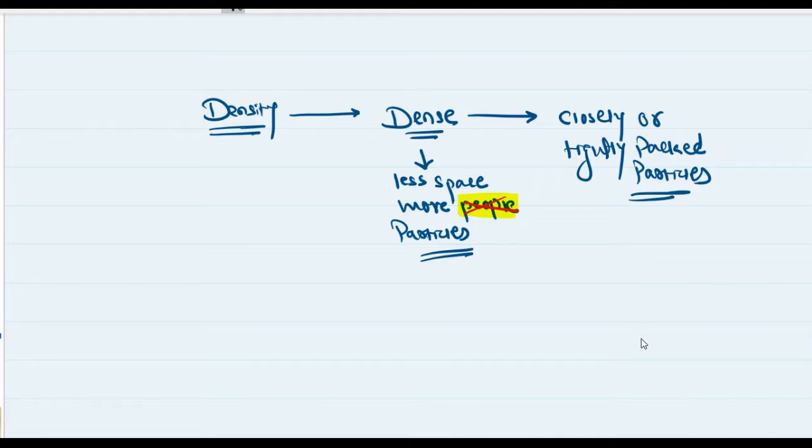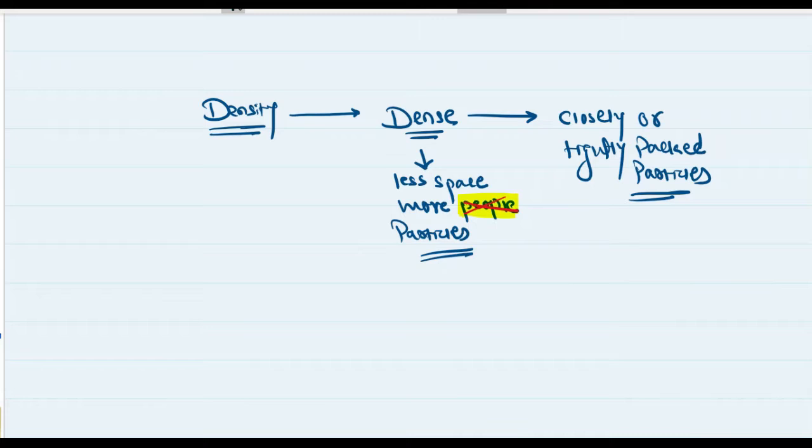These we know from the kinetic theory of matter. So density is one more aspect of the study of these particles. The particles can be closely or tightly packed, as in solids, or they can be loosely packed, as in liquids and gases.